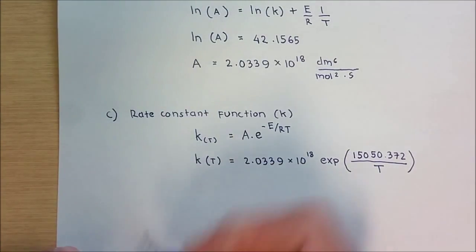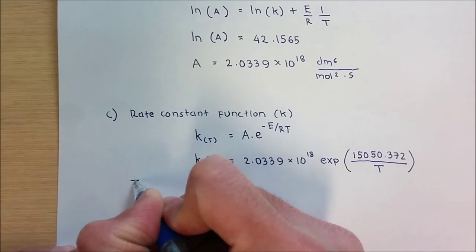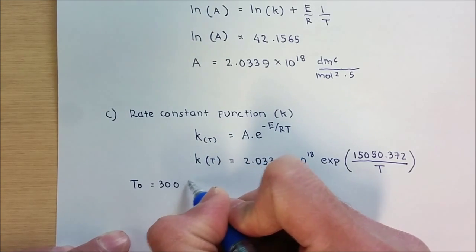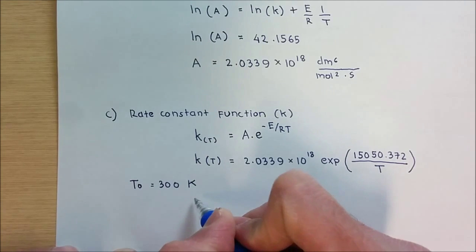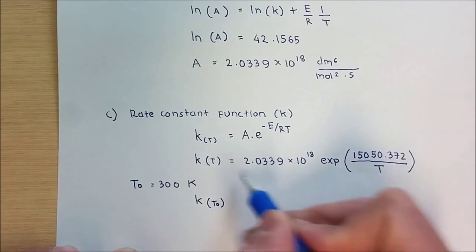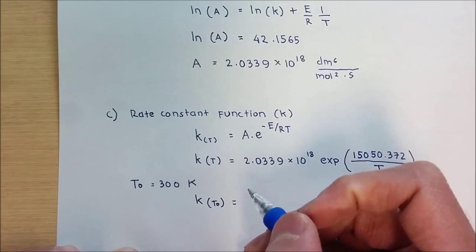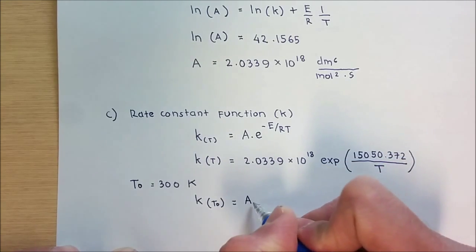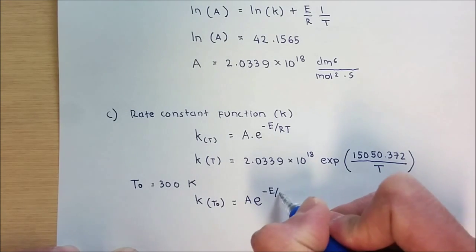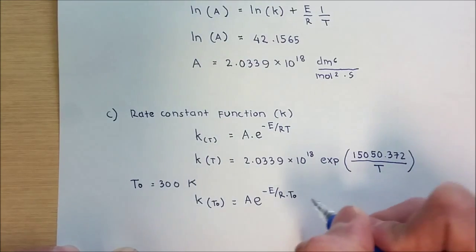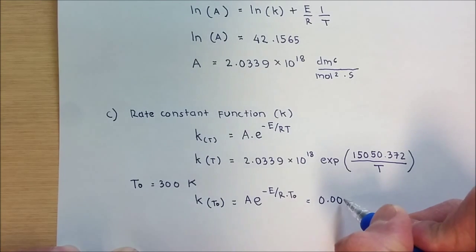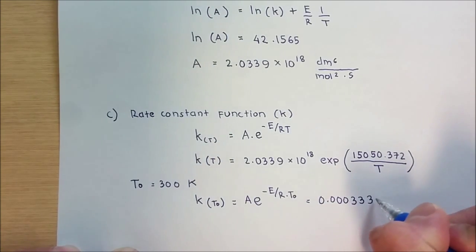And then if we use T naught as a base case, which is at 300 Kelvin, we can find k at T naught based on the equation above that we already got. We will have k(T naught) equal to A exponential of minus E over R T naught, with 1 over T naught being 0.00033333.